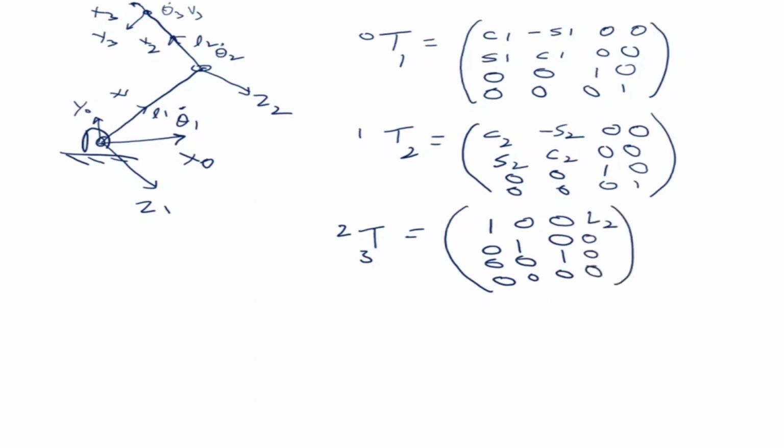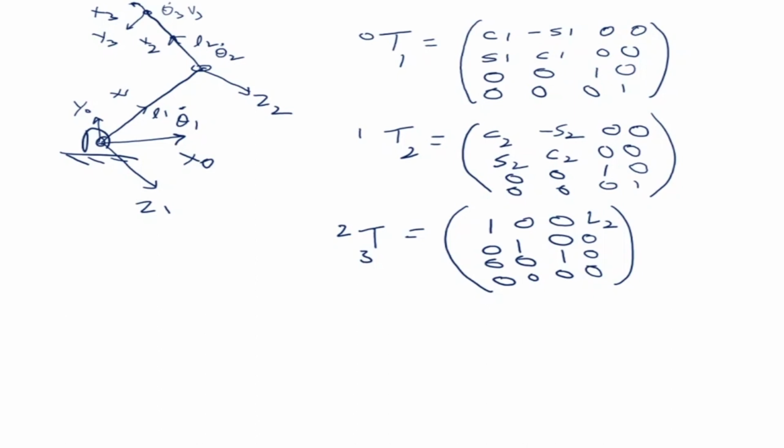If you look carefully at frame 2 and frame 3, x2 and x3 are in the same direction, so there is no rotation between them. So the rotation matrix is an identity matrix, and that is what is being shown here.